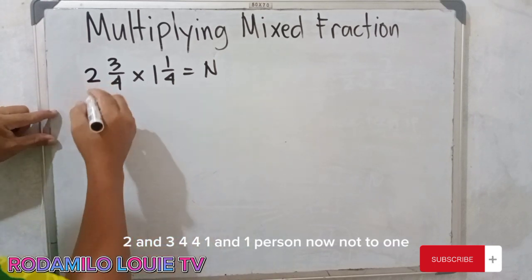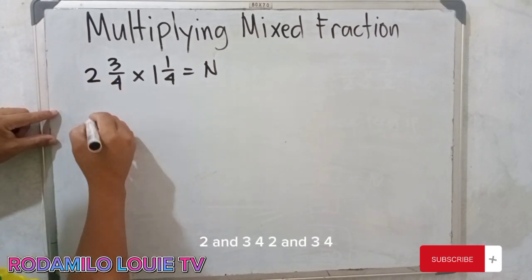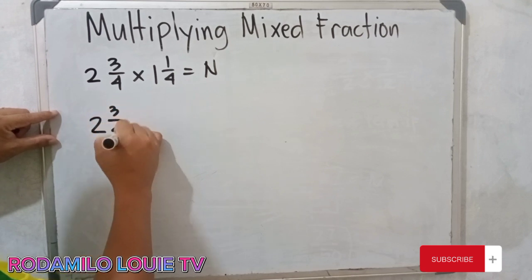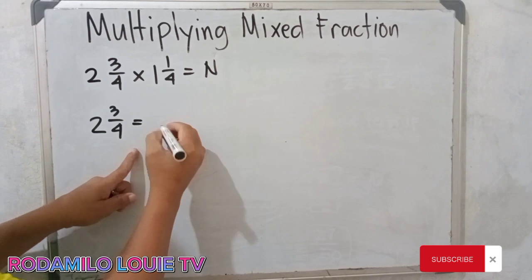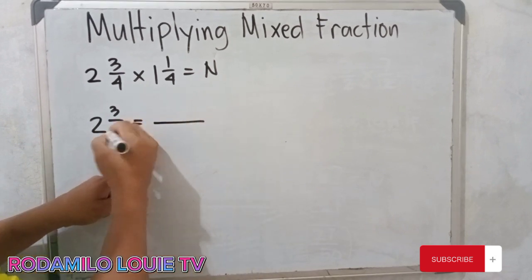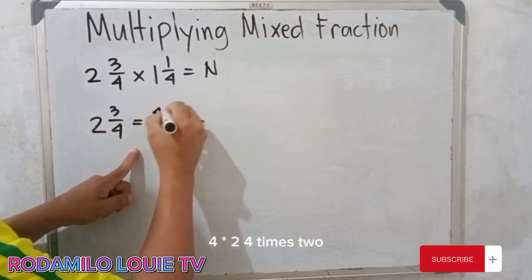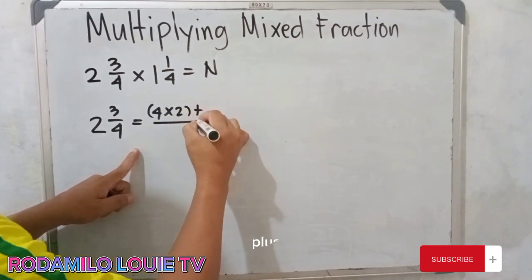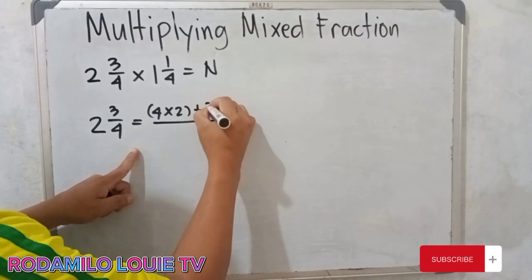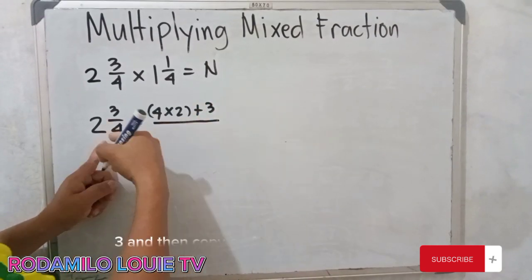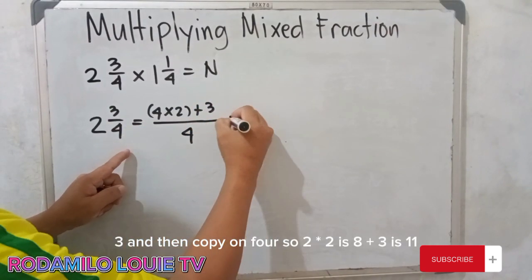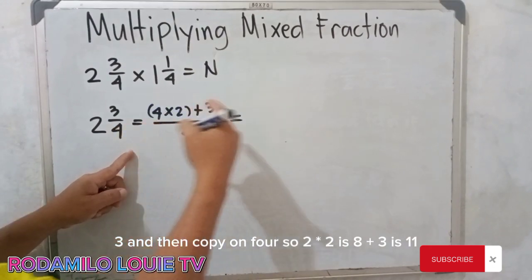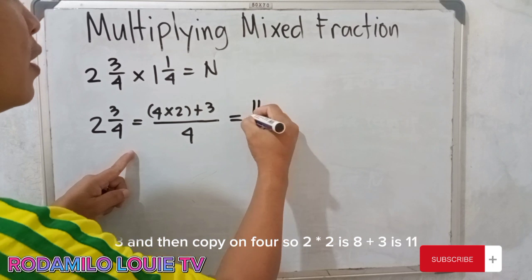So, now na to ang 2 and 3/4. 2 and 3/4 is equal to 4 times 2 plus 3. And then, copy ang 4. So, 4 times 2 is 8 plus 3 is 11.